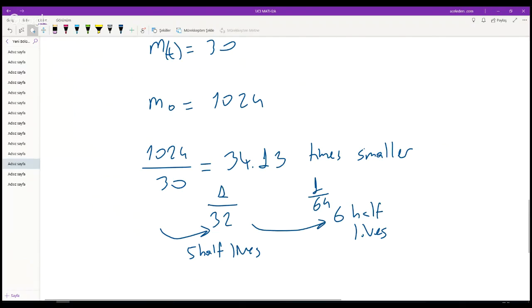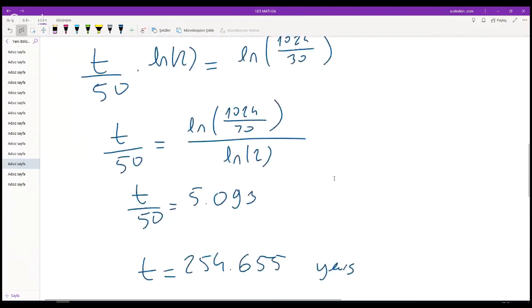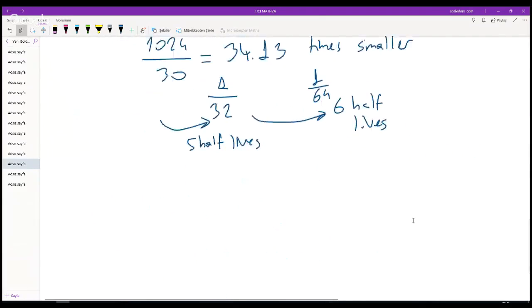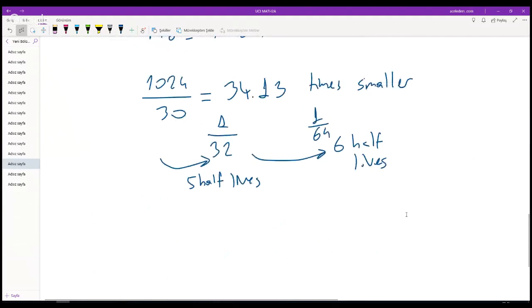Just one moment. The question is a half-life question, and your friends asked me whether we can solve that without using a calculator, and I'm trying to show that. So it is very close to 5 half-lives.